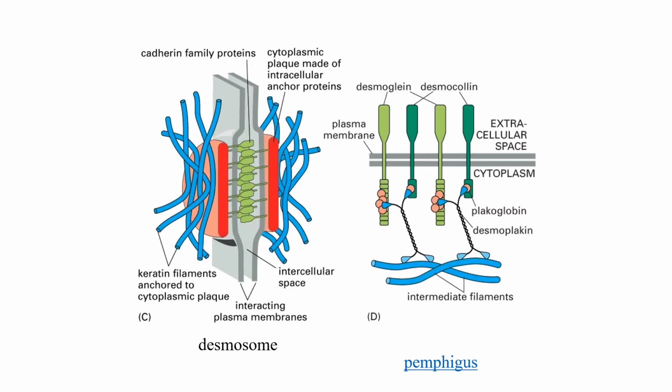Further, talking about the desmosomes, desmosomes are the intercellular junctions of epithelia and cardiac muscle. They resist mechanical stress because they adopt a strongly adhesive state in which they are said to be hyperadhesive, which distinguishes them from other intercellular junctions.